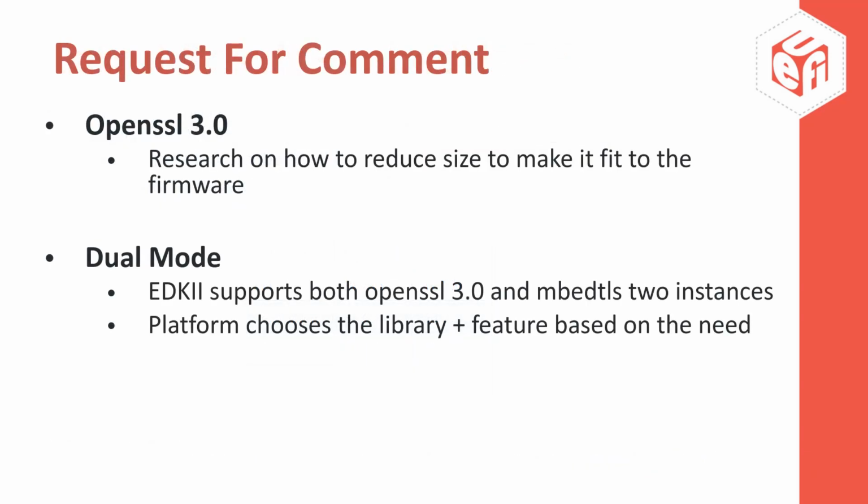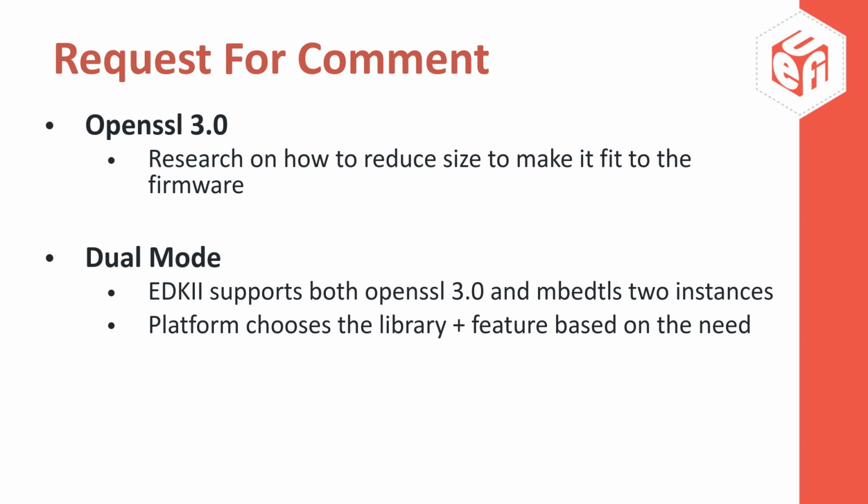While we keep improving, we need to consider the plan for the OpenSSL 1.1 EOL in Q3, because there's a feature missing in embedded TLS. The ideal solution is to figure out a way to reduce the size of OpenSSL 3.0 to make it fit into the existing firmware. We realize that the 10% increase is still big and might be a problem for some platforms.